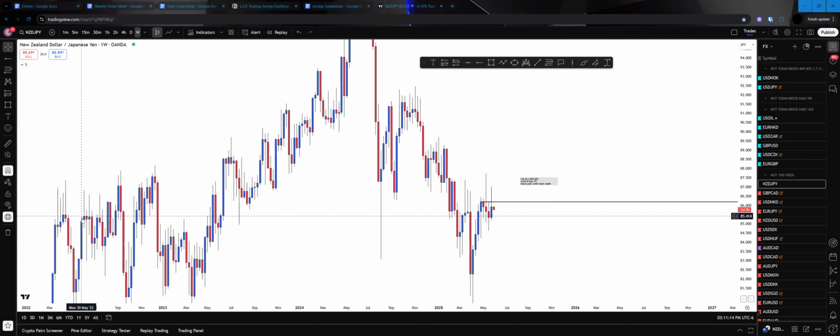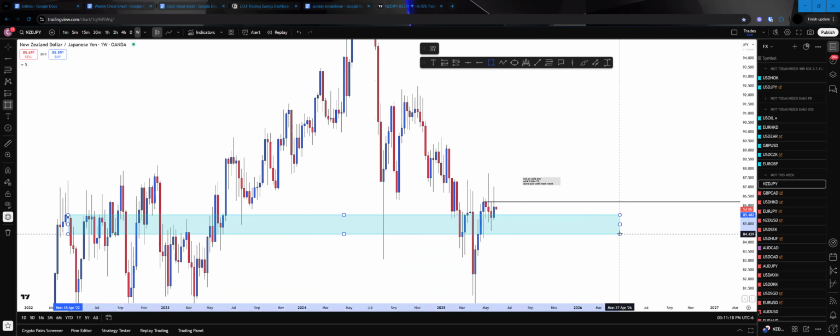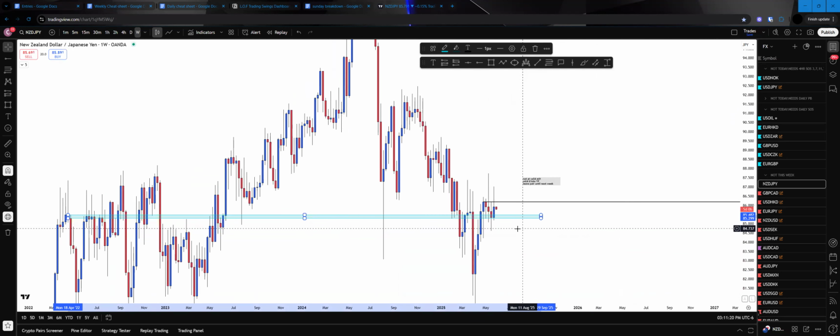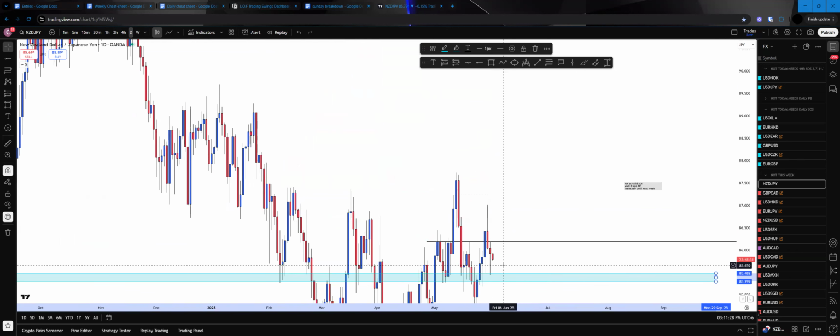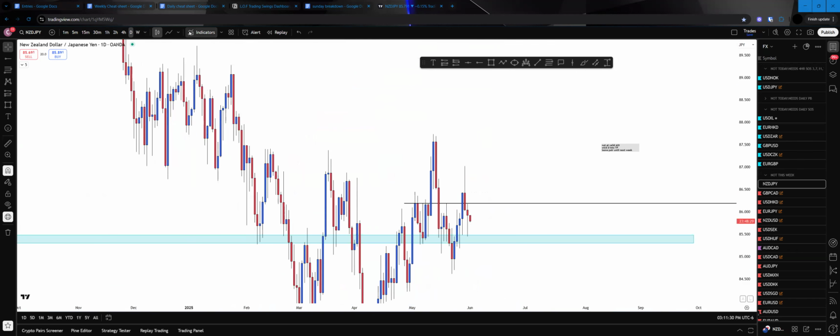Oh, wait, hold on. How far is this? Maybe two. See, now I'm thinking, because we basically rejected off of that previous weekly bias there, daily is bullish. Daily's having a proper pullback.